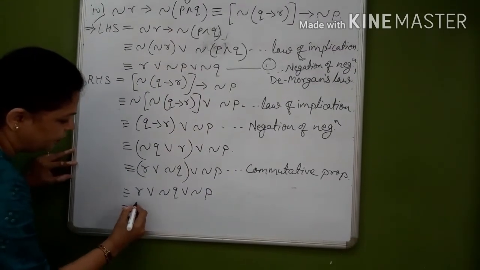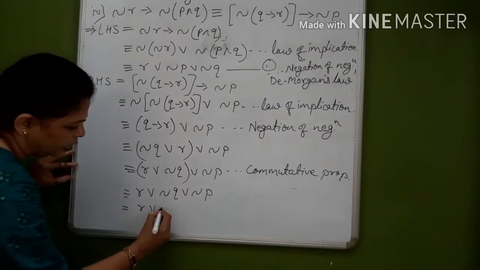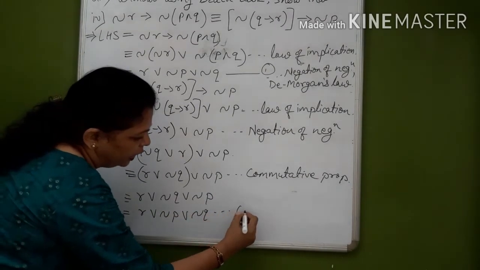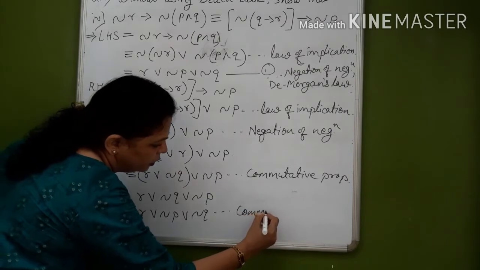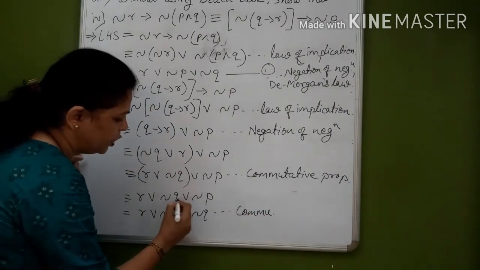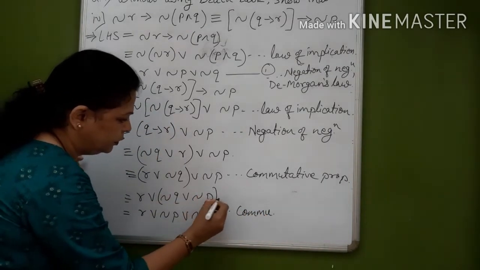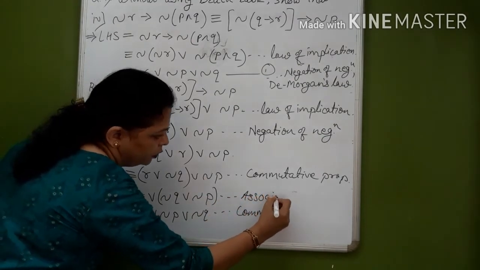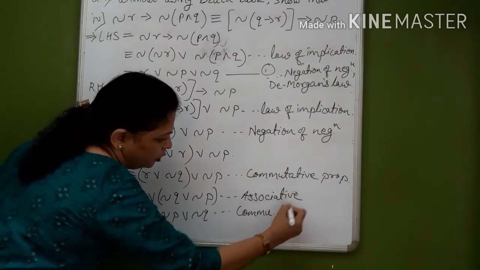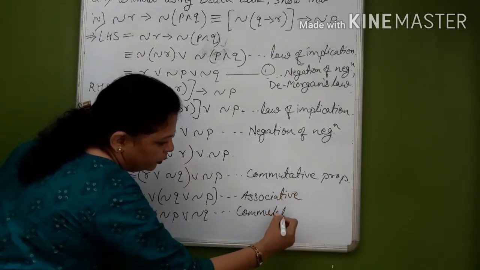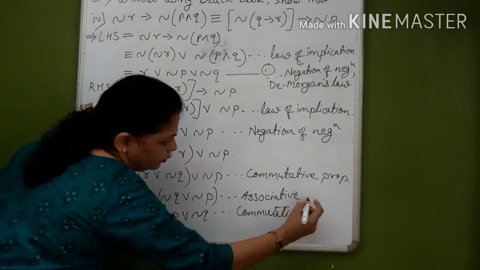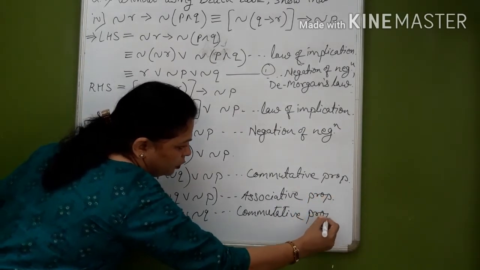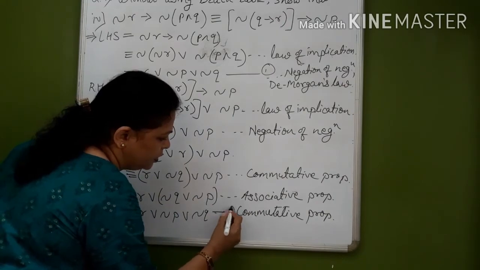So this is again R or negation P or negation Q. Again commutative. This is your associative. This is your second statement.